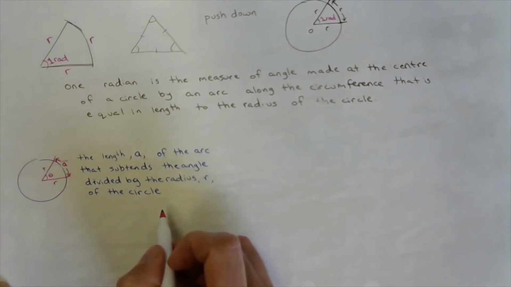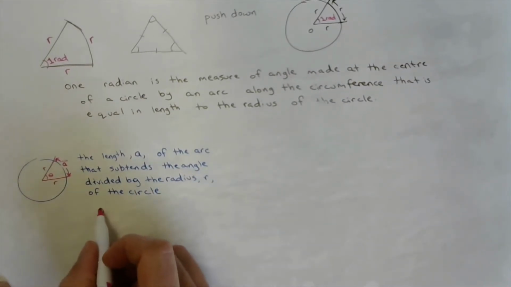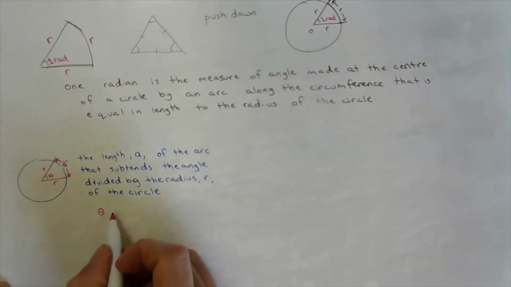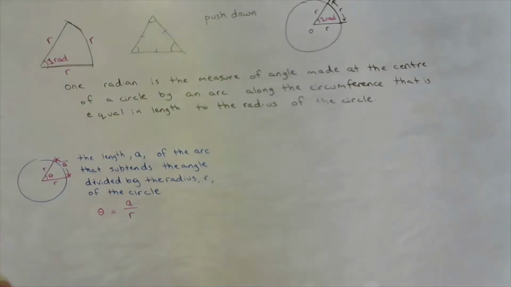So then the angle is measured as theta equals A over r. If you take the length of the arc over the length of the radius, you will get the measure of angle theta in radians.